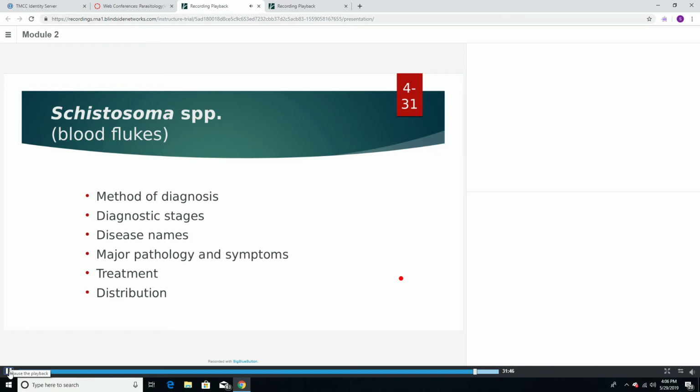So Schistosoma or blood flukes rank second behind malaria as a cause of serious worldwide morbidity and mortality, and it affects more than 200 million people a year. Schistosoma mansoni infections are found in large urban areas such as New York and Chicago, with immigrant populations from the Caribbean islands.